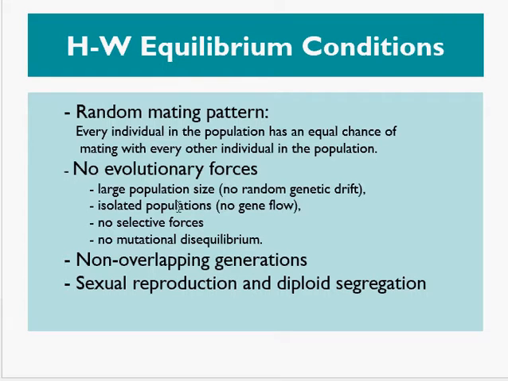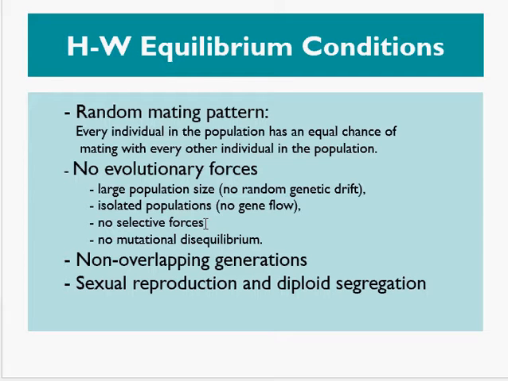So if the genetic makeup of a population is going to be the same generation after generation, there can be no new alleles entering the population from outside through migration. There are no selective forces, so the environment does not act on the population to select some alleles over other alleles.